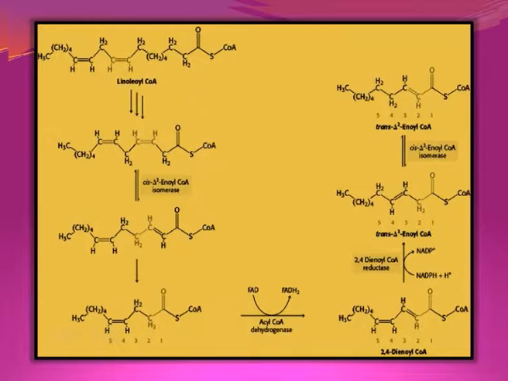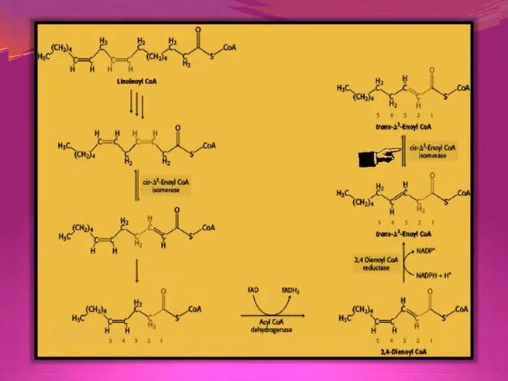So, how to solve this scenario? The enzyme 2,4-dienoyl-CoA reductase then comes and converts the double bond present between carbon atoms 4 and 5 to the double bond between carbon atoms 3 and 4.